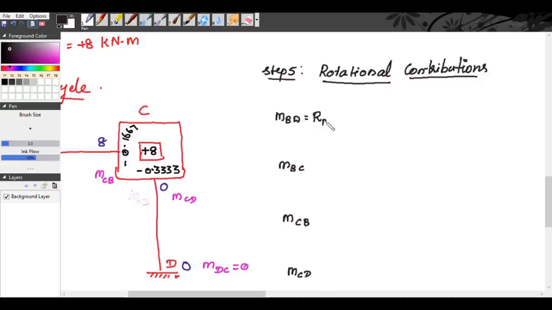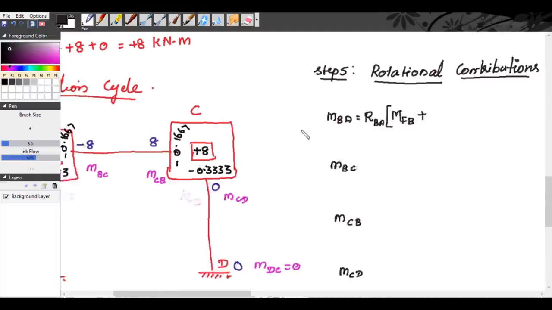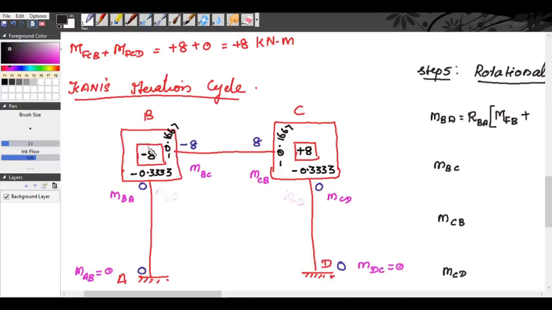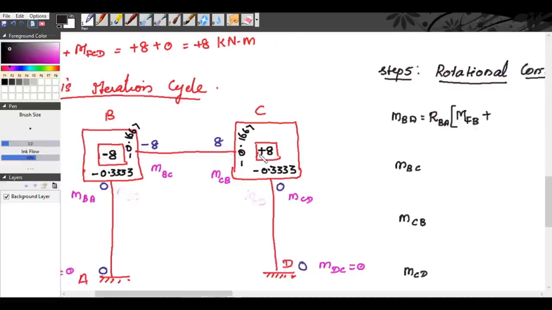rotational factor of BA multiplied by the restrained moments at B, plus the remaining contributions at B. You can see at B the neighboring joints are A and C. So the rotational contributions will be from joint A and from joint C, that is MAB and MCB.